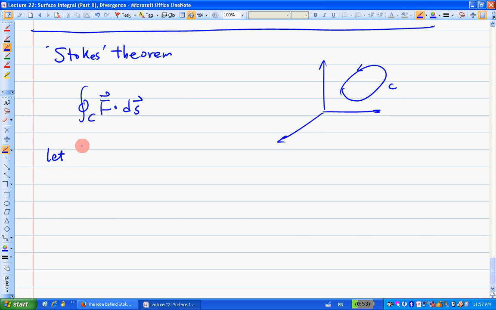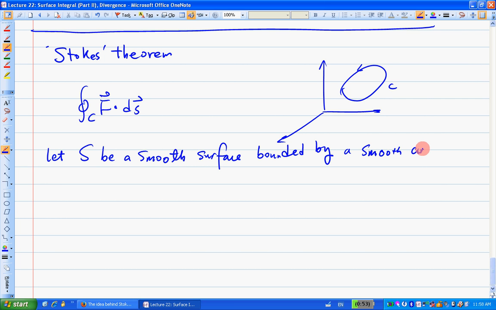Let S be a smooth surface bounded by a simple smooth curve C. Then this line integral will equal this guy here.